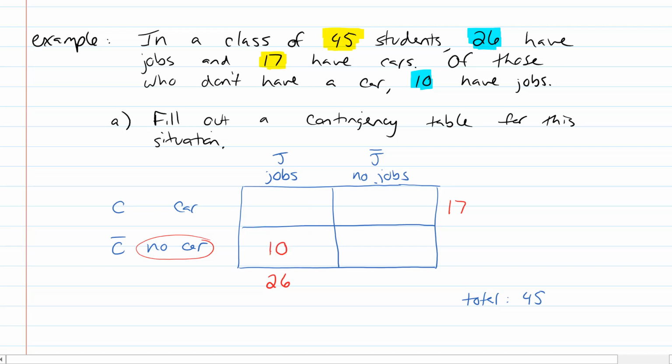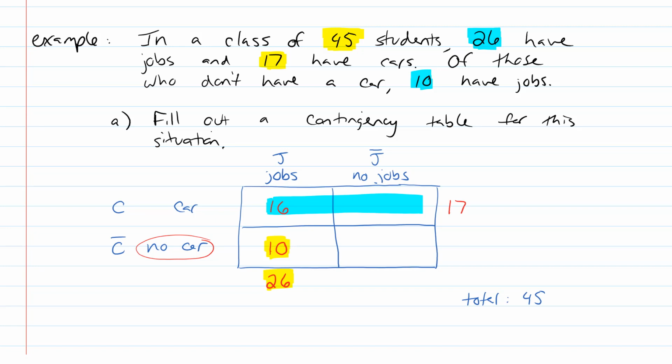We know that there are 26 students in total who have jobs, and we've got 10 who do not have a car, and so we must have 16 who have jobs and a car for the total to give 26. This then allows us to know the top entries, because if we've got 16 with car and job, and we've got 17 with car, then the number of students with car and no job has got to be 1.